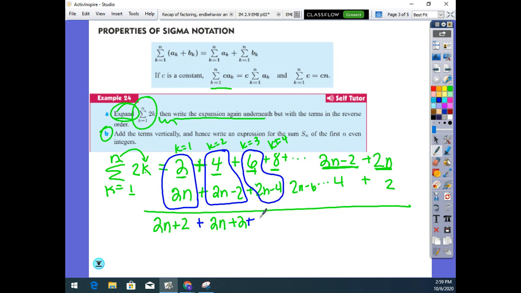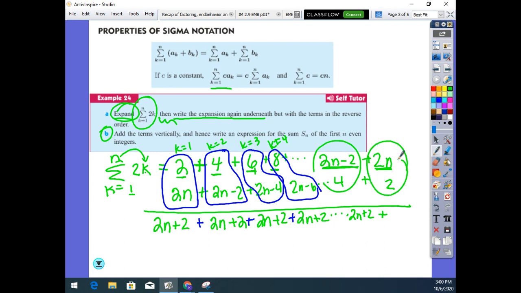I'm adding the terms that match up here. 2n plus 2, plus 2n minus 6 plus 8 is 2n plus 2. Notice the pattern here. Dot, dot, dot. When I add these together, 2n plus 2, 2n plus 2. So each time I'm adding 2n plus 2.